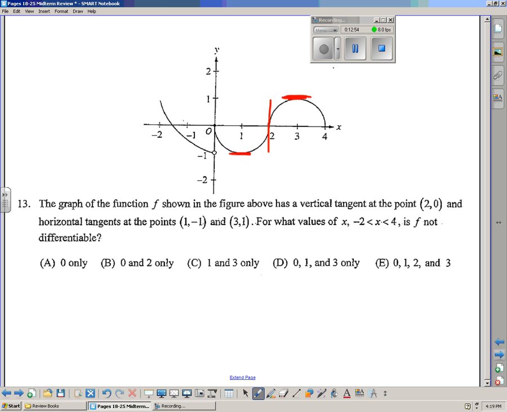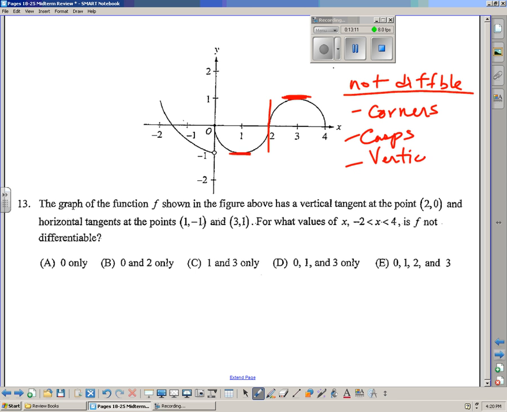For what values is f not differentiable? Not differentiable means on a graph, corners, cusps, vertical tangents, because vertical tangents don't have an actual numerical slope attached to them, and discontinuities.